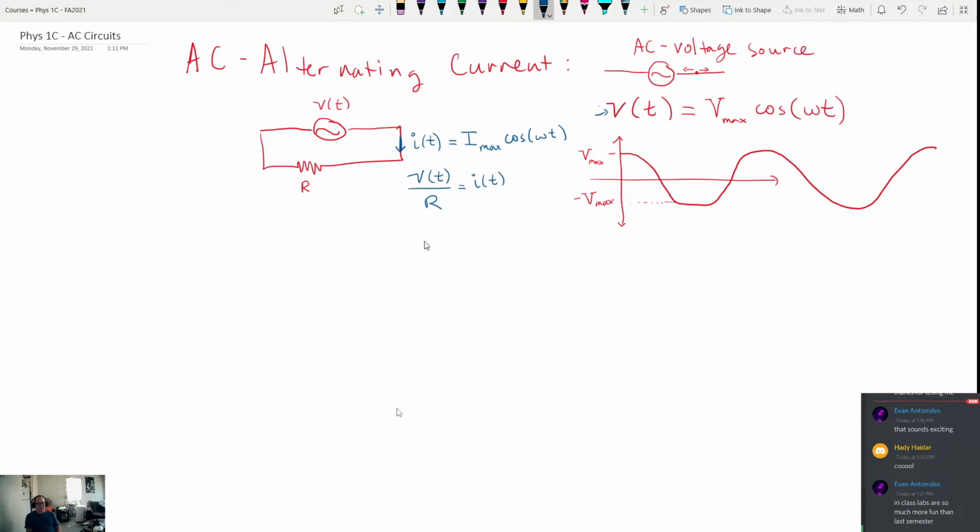So Ohm's law is still going to be true here. Ohm's law says V equals IR, so that means V over R equals I. And if the voltage happens to be changing in time, the resistor doesn't really care, right? Some things we've talked about care about how the voltage changes, such as inductors, but resistors just don't care. It's still going to be the case that Ohm's law still works.